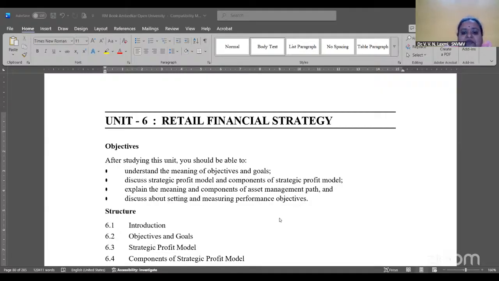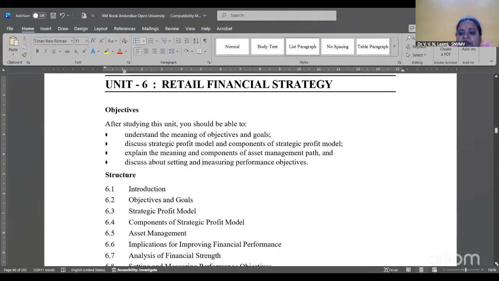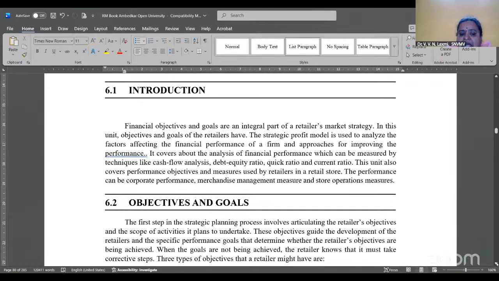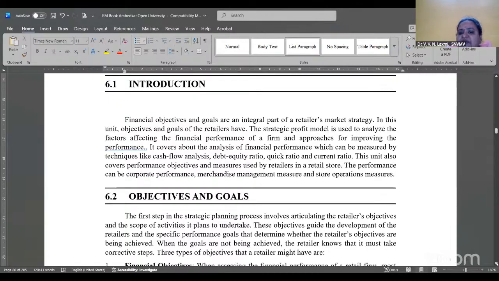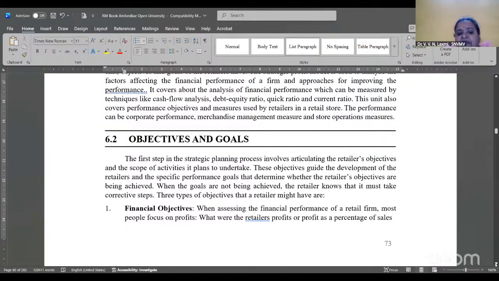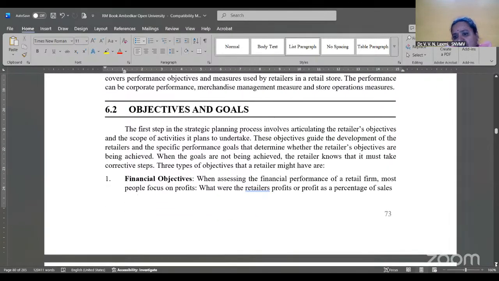Now, here we are going to discuss, as I told you, the objectives and goals of the retail strategy. And as part of this, we have to look at the financial objectives.